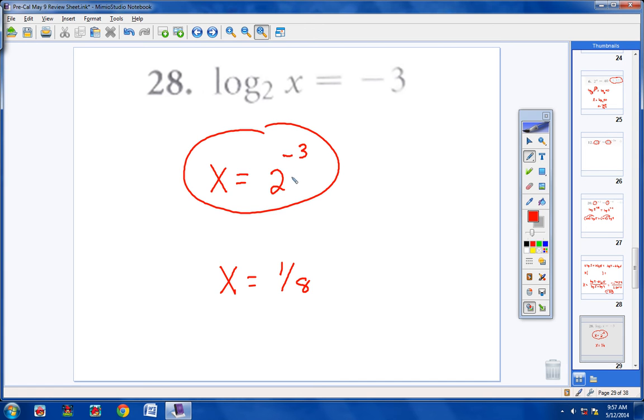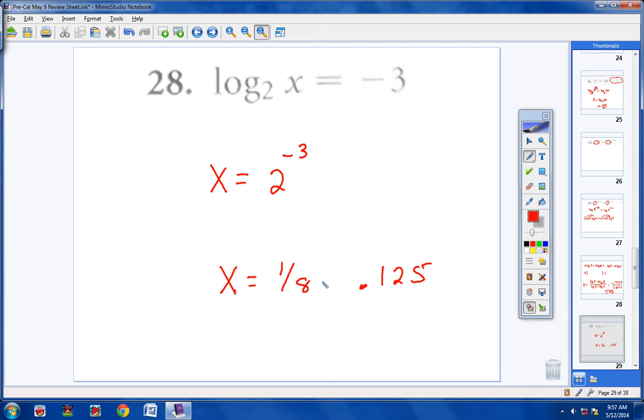No, it would not. Remember, 2 to the negative 3rd really means 1 over 2 to the 3rd. You move the 2 to the bottom. So it'd be 1/8. Or you can just type into your calculator, which I recommend. If you type in 2 to the negative 3rd, it should give you 0.125. 0.125, either one of those answers.